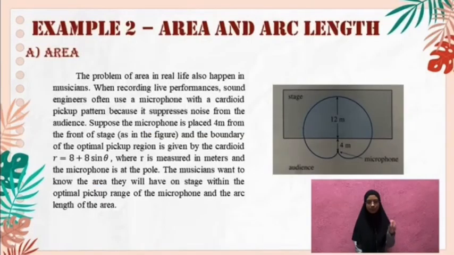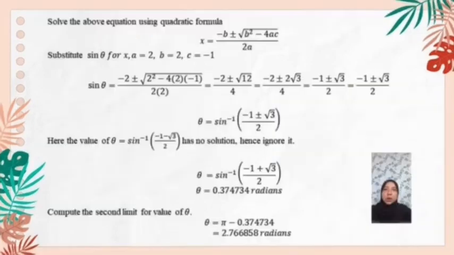Next, example 2. We need to find area and length. The musician wants to know the area they will have on stage within the optimal pickup range of the microphone and the arc's length of the area. For this example, we use the quadratic formula to find the value of theta. We substitute the value of A, B and C into the formula to get the value of theta.